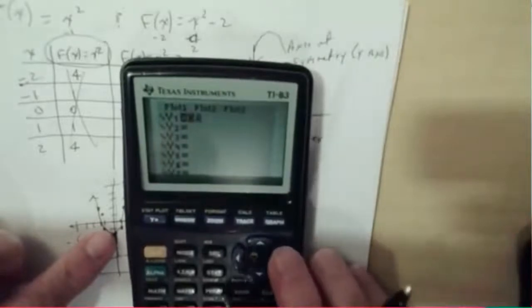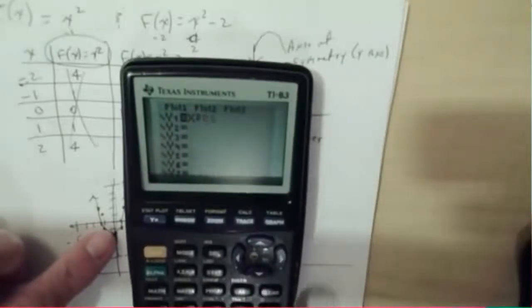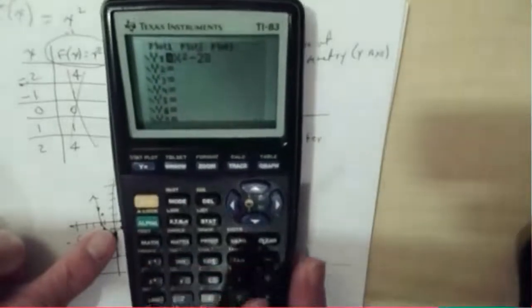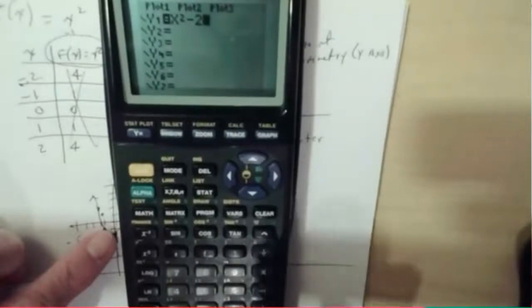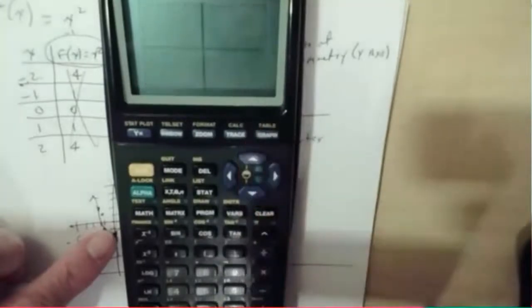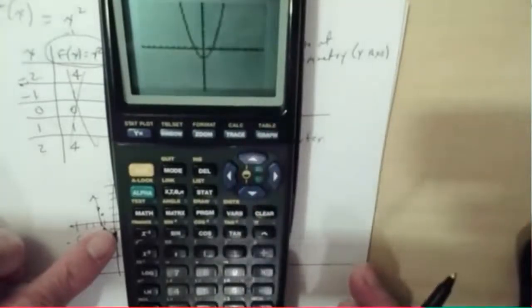So I'm just going to arrow over minus 2. Okay, it's just minus and the number 2. Now we'll go to graph. Sure enough.